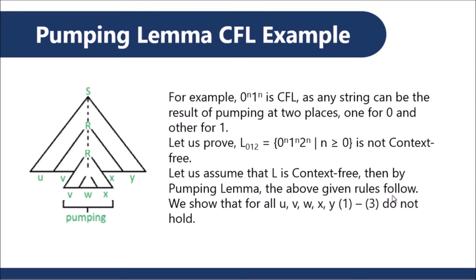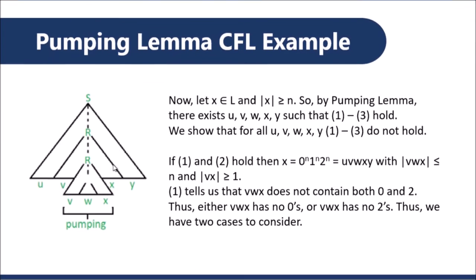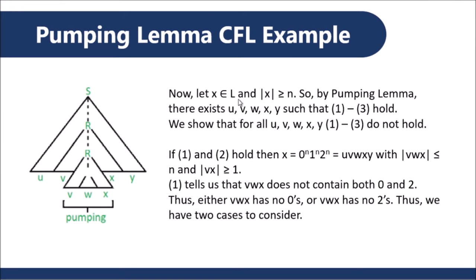We should show that for all u, v, w, x, y, conditions 1 to 3 do not hold. Now, let x be in L and the length of x greater than or equal to n. So by the pumping lemma, there exists u, v, w, x, y such that 1 to 3 hold. We show that for all u, v, w, x, y, 1 to 3 do not hold.